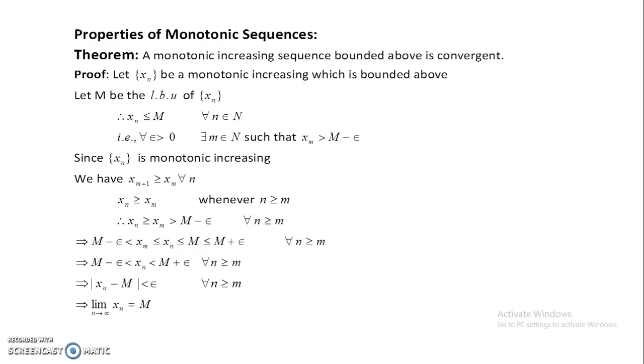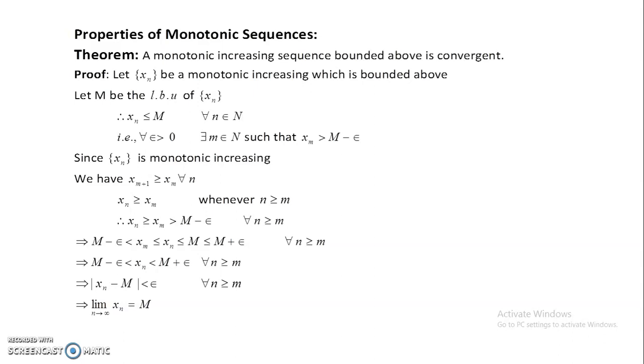Now comparing xm with xn, xn is greater than or equal to xm, and as we know xm is greater than M minus epsilon, for every n greater than or equal to m.